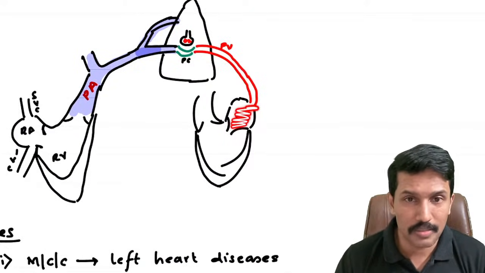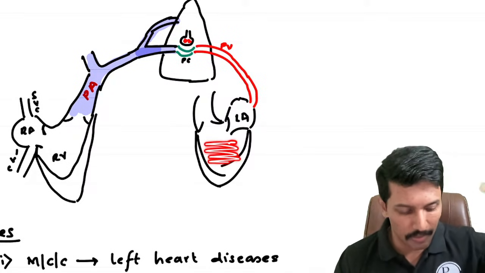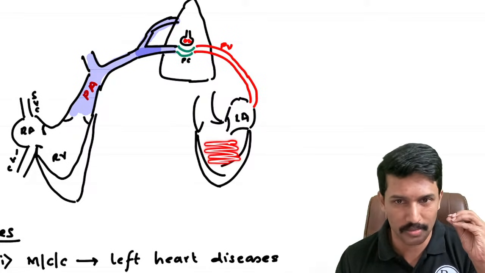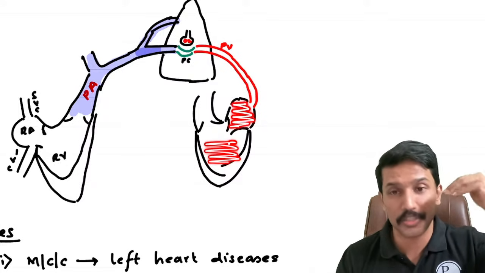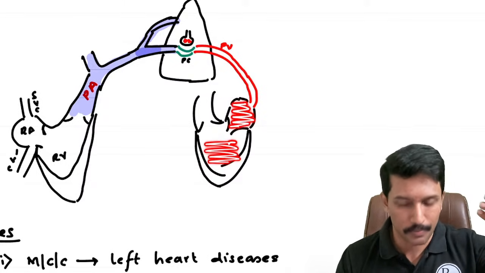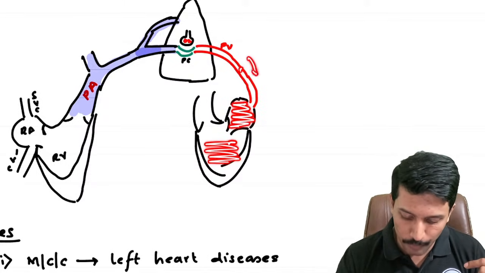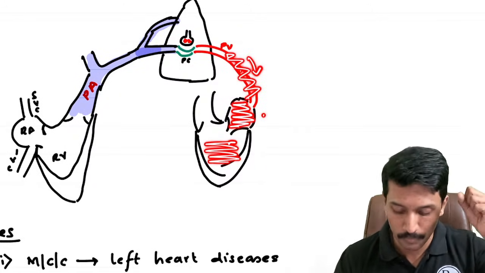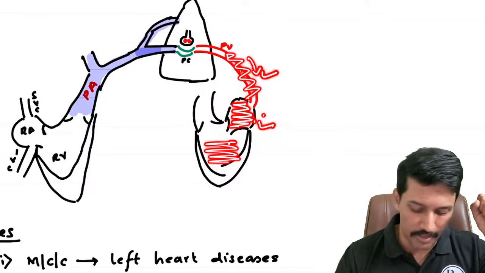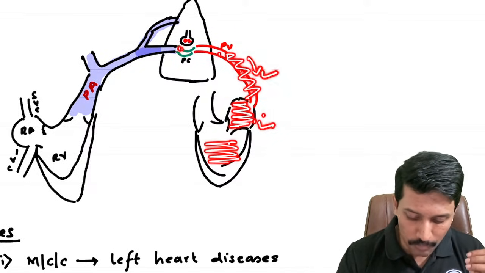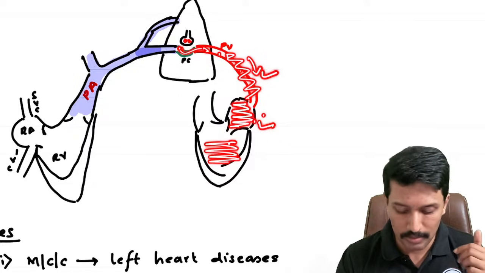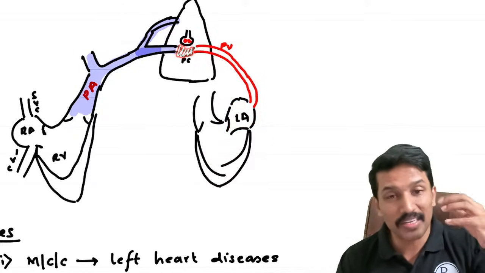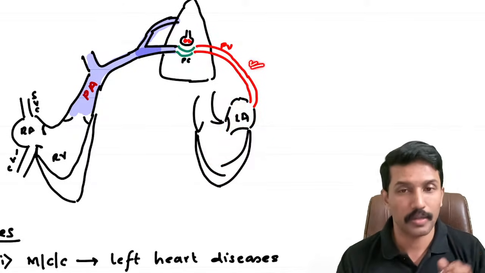So now to fill the blood from pulmonary vein to left atrium, the pulmonary vein pressure has to increase above that of the left atrium. And to move the blood from the pulmonary capillaries to pulmonary veins, the pulmonary capillary pressure has to increase above that of the pulmonary veins.